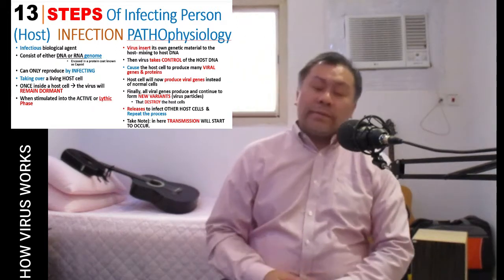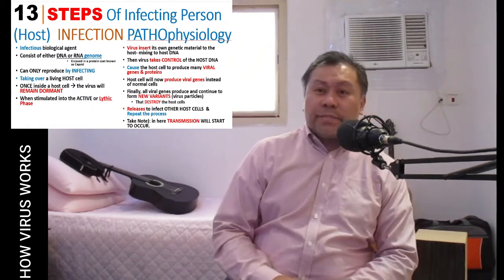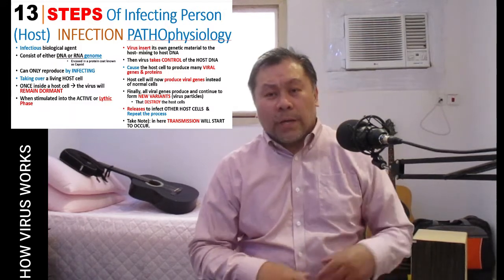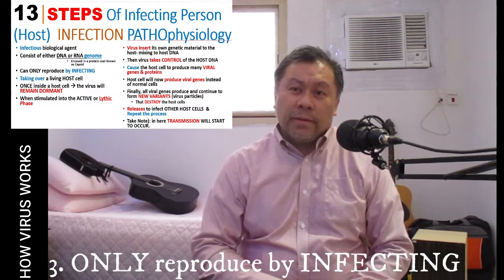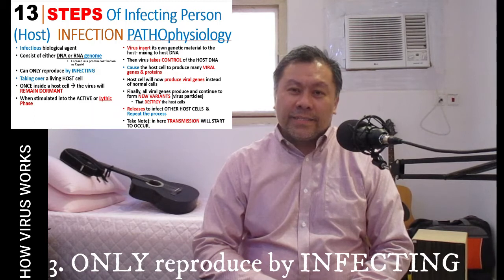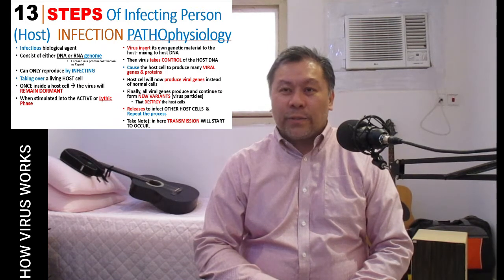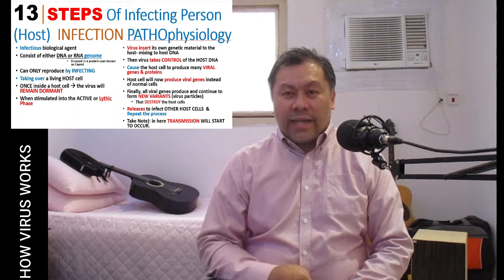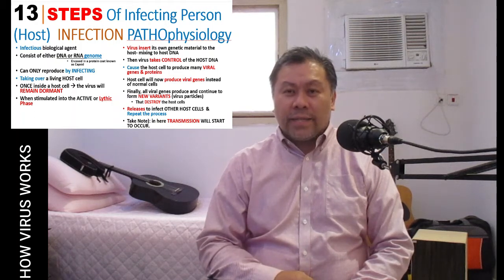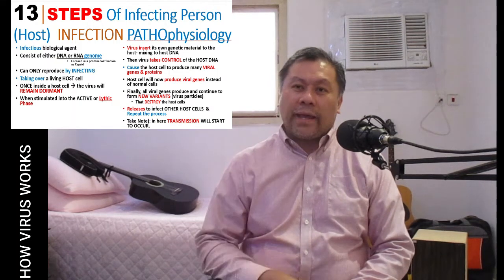They are protected with this capsid that we have mentioned. They can only reproduce by infecting. If they do not infect the host or the person's cell, they are not going to reproduce. Once they are inside the cells of the human body, they replicate and multiply.